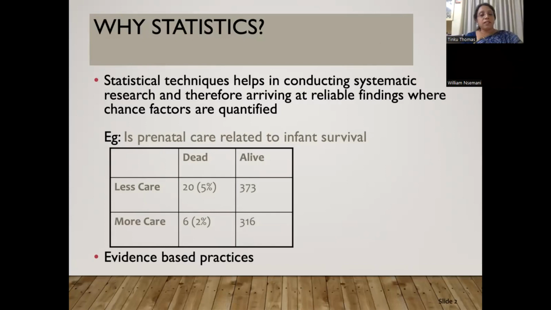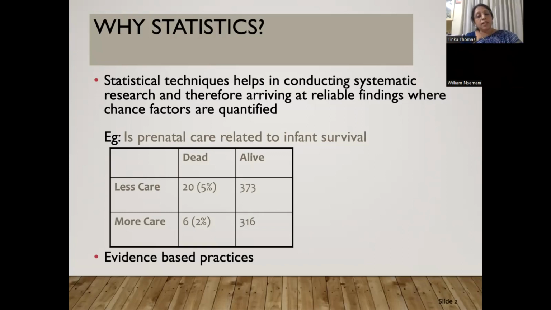It is a study where they looked at infant survival with respect to the level of care the mother received in an antenatal care service. There are 2 groups: a group that received less care and another group that received more care. The outcome of interest was mortality in infants.